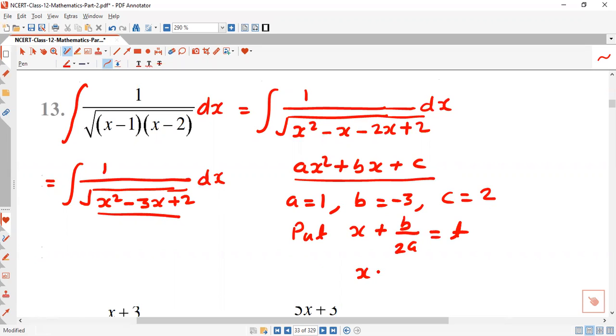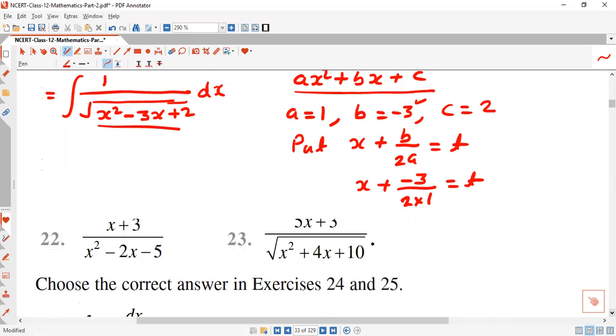So x plus minus 3 upon 2 into 1 equal to t, so x minus 3 by 2 equal to t.